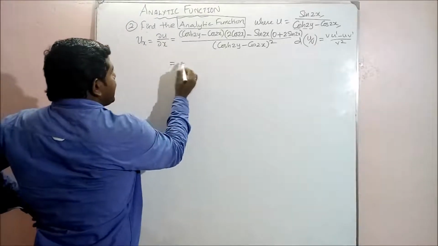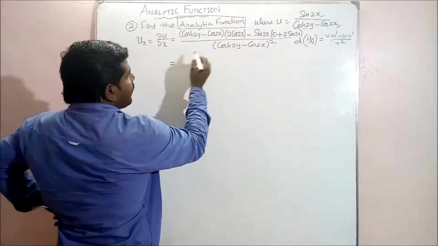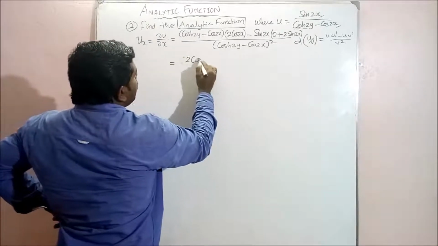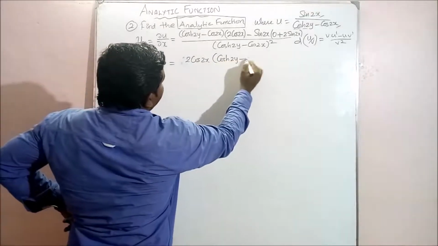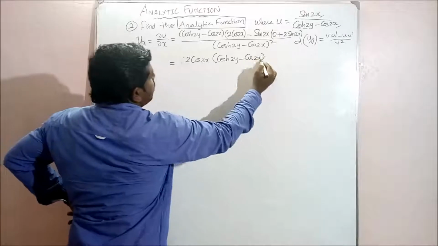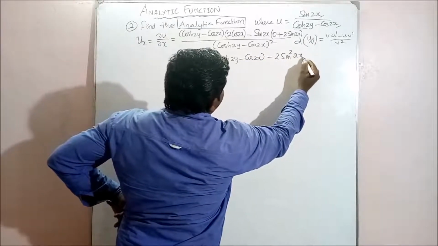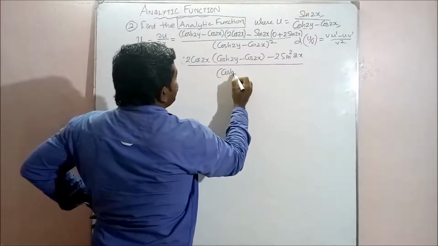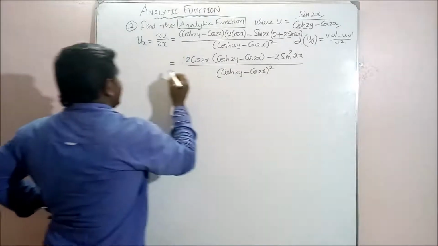Now we just simplify. So we get 2 into cos 2x into cos h2y minus cos 2x, minus 2 sin square 2x, divided by cos h2y minus cos 2x the whole square.